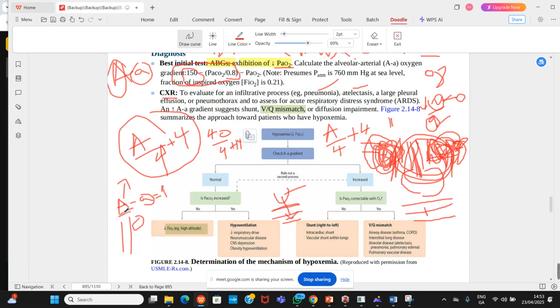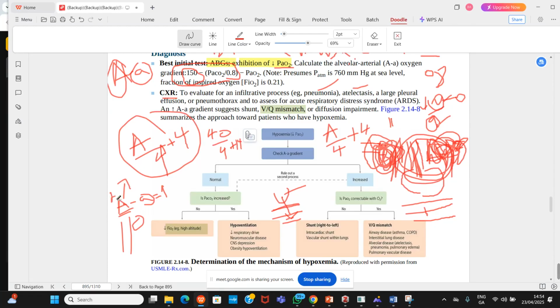Don't forget, it is big A that is later translating to small a because it is the air in the alveoli that will eventually diffuse into the blood to constitute small a. So in any situation that there's a drop in big A, there will definitely be a drop in small a. So that means that if you calculate the gradient in that kind of situation, it will be normal.